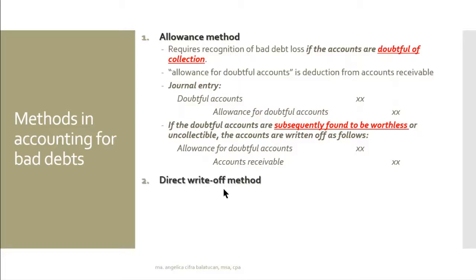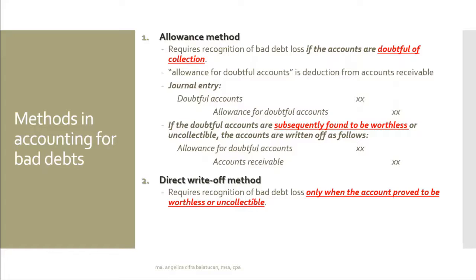The second type is the direct write-off method. It requires recognition of bad debts only when the account is proved to be worthless or uncollectible. So only at the worthless level do you record bad debt loss. If it's only doubtful of collection, you have no entry yet.